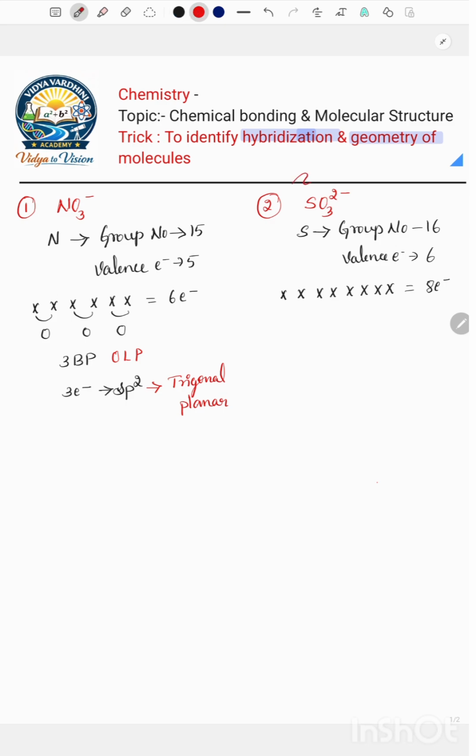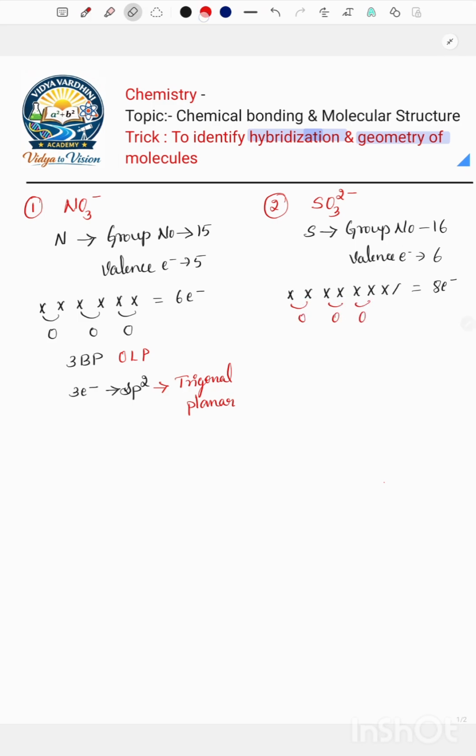We can see that there are 3 oxygen atoms. As I said earlier, each oxygen atom requires 2 electrons to attain octet configuration. 1, 2, 3. And remaining these 2 electrons will not participate in bonding. This will be called as lone pair of electrons.